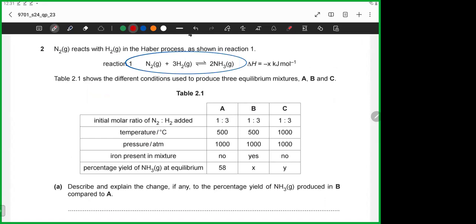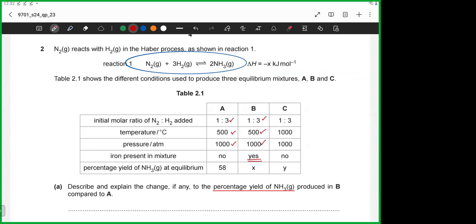Now he says describe and explain the change, if any, in the percentage yield of NH3 produced in B compared to A. I mean, the only difference is using the same temperature and the same pressure, except that one has catalyst and the other one doesn't, right? Yeah. So what difference would it make to the percentage yield? It would increase.